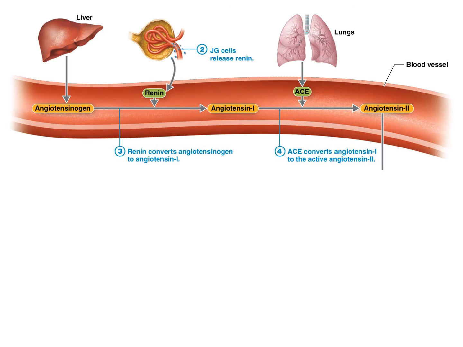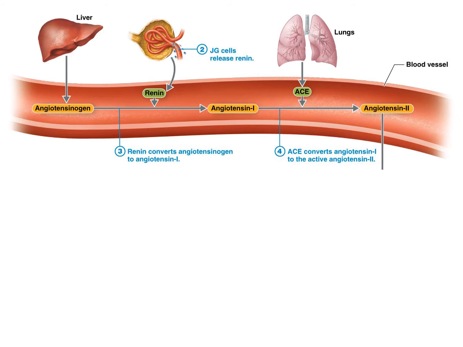Now, as a result, angiotensin II is secreted, and this is one of my favorite homeostatic mechanisms because it involves so many organ systems.